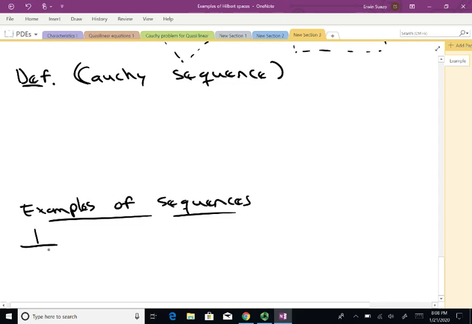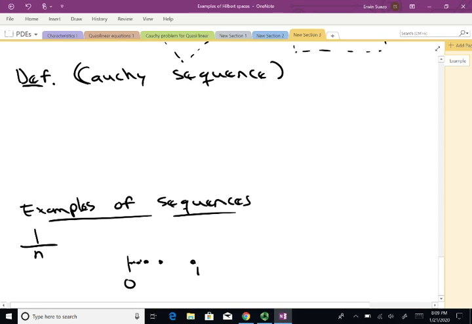For example, 1 over n. So you learned that sequence was 1, 1/2, 1/3, 1/4, and so on. That's a sequence, right? A collection of points. And this sequence was converging to 0, going toward 0 and never touching it. That's a sequence.